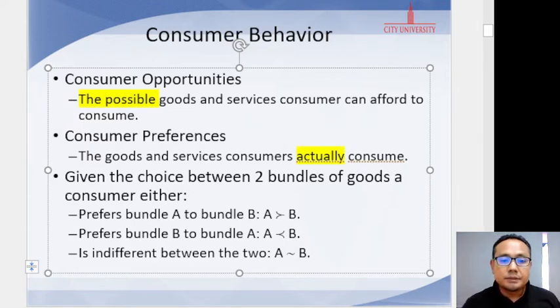Assume a consumer is able to order his or her preferences for alternative bundles or combinations of goods from best to worst.